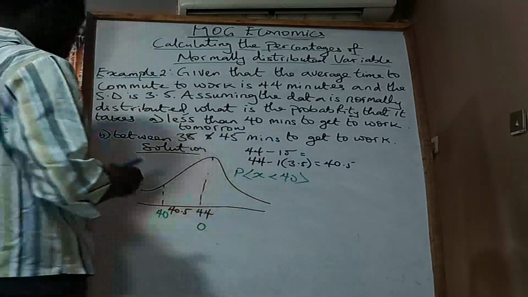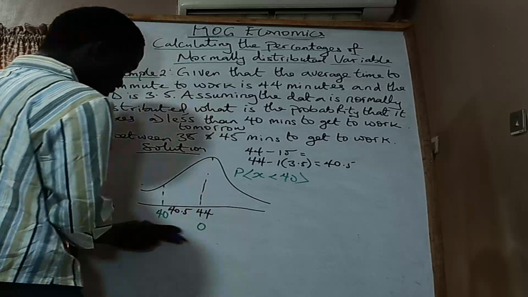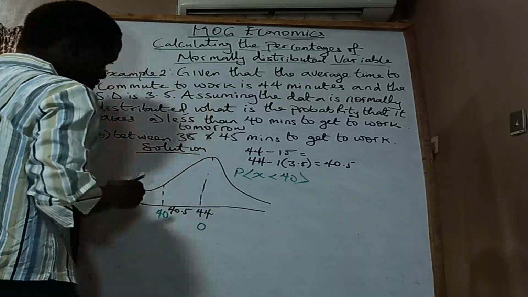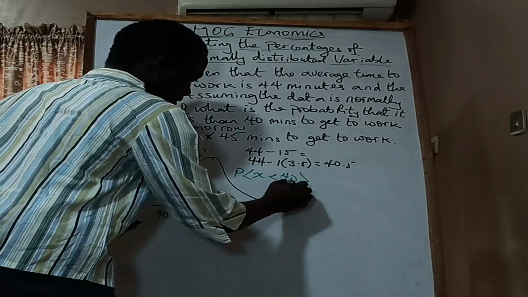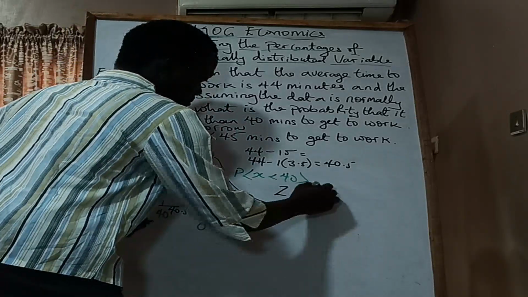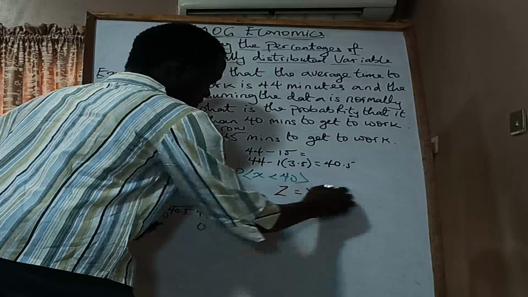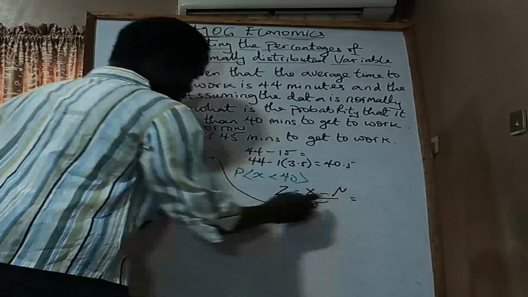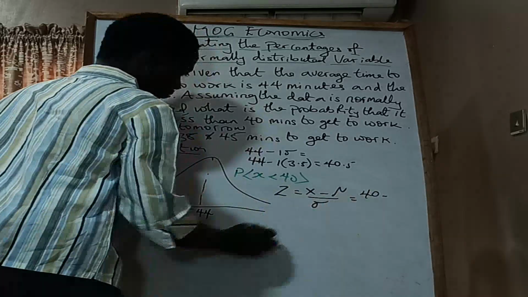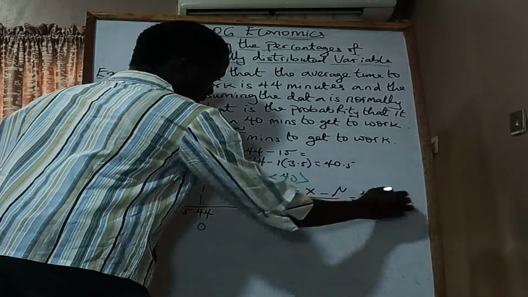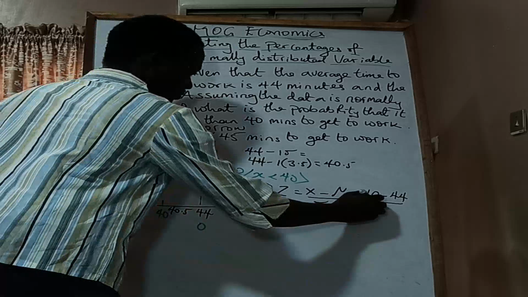Now, converting this, remember our z-score formula: z equals x minus mu divided by the standard deviation. Our x here is 40, so 40 minus 44, divided by the standard deviation, 3.5.